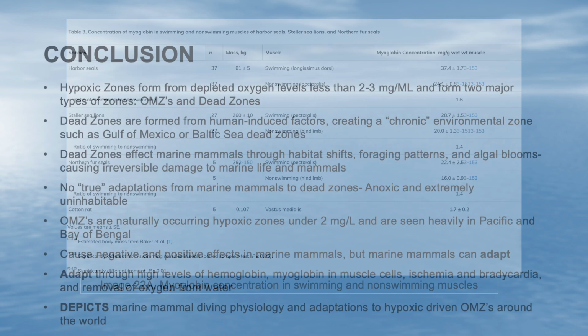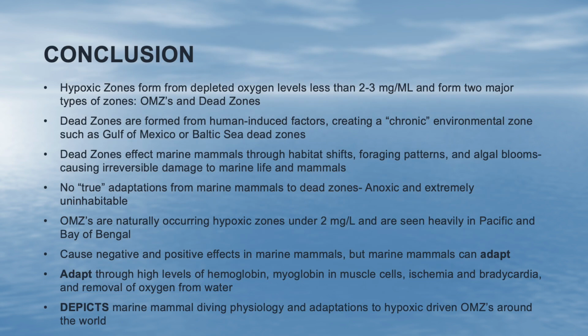Now, to wrap it up, the conclusion: what have we been talking about? What are the key points to take away if you haven't been paying attention to the presentation, which is a very long one, so I don't blame you. Hypoxic zones, which we talked about at the very start, form from depleted oxygen levels less than 2 to 3 milligrams per liter, and they form two major types of zones, oxygen minimum zones and dead zones.